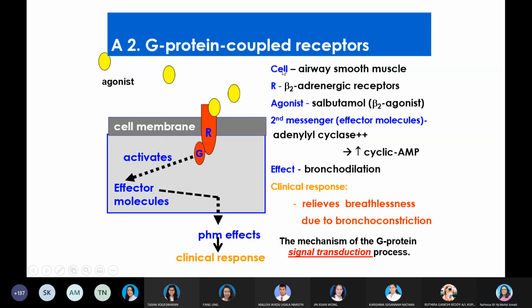So the cell here, the example that I've put here, is an airway smooth muscle cell. Those of you who have asthma, or have family members or friends who have asthma, be interested in this slide because in the first few weeks of medical school, you already know how they act.